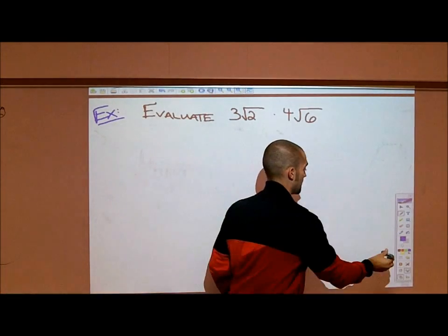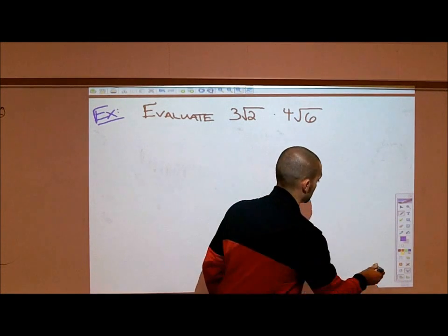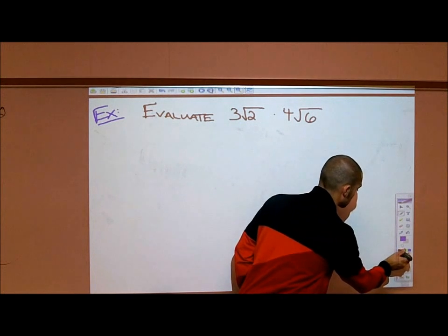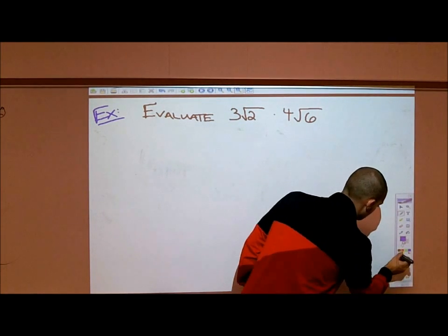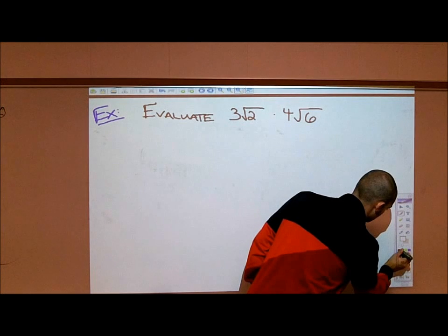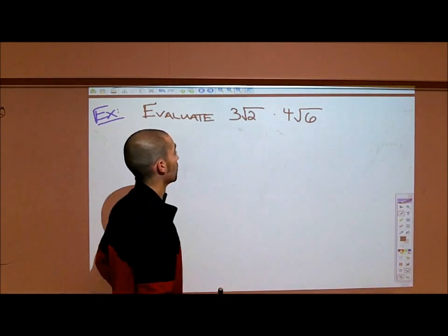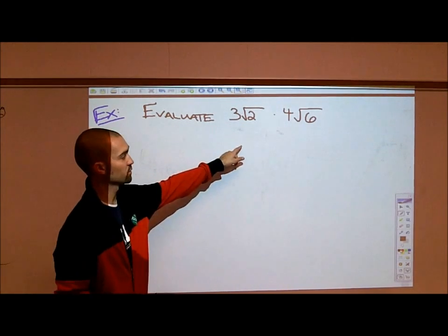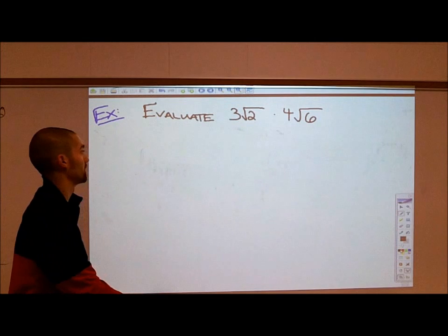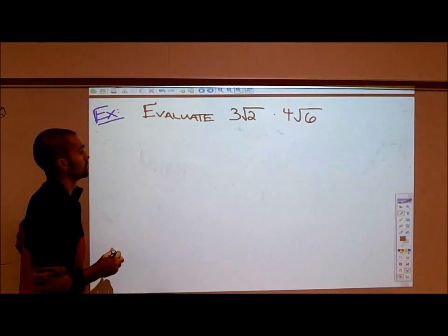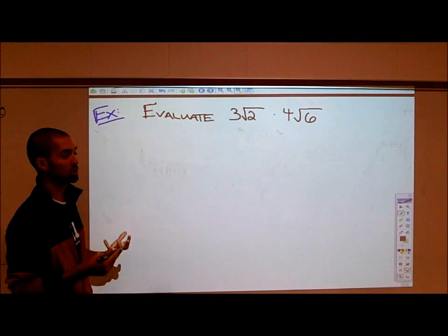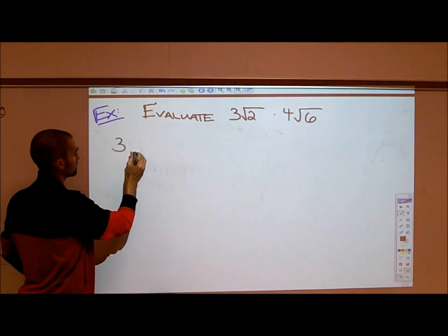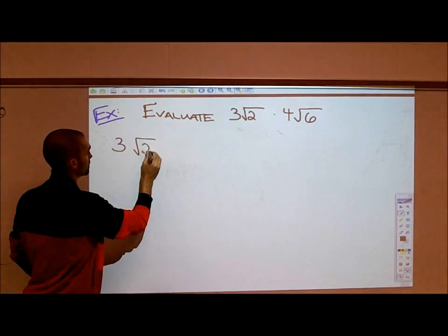All right, we're going to evaluate 3 square root of 2 times 4 square root of 6. Okay? Well, what do we really have right here? I have 3 square root of 2.